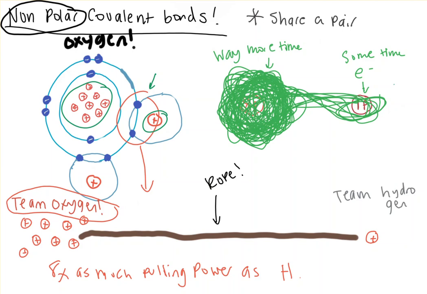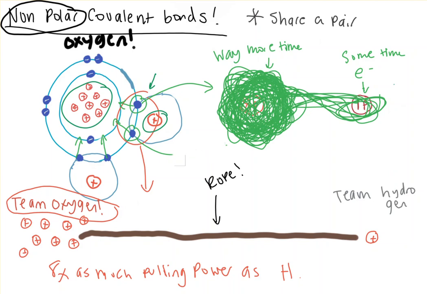So within each of these shared pairs, this electron is going to be doing that, and so is this one. Which means that the total number of electrons circling oxygen's nucleus, because it has its valence needs met, is 8. The total number of electrons circling each hydrogen nucleus is also 8, but the amount of time that these electrons spend near the oxygen nucleus is more.